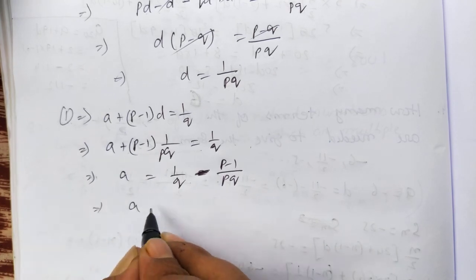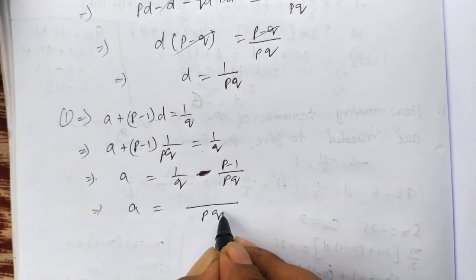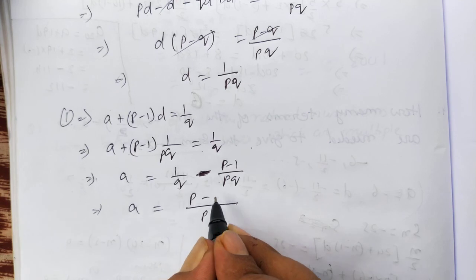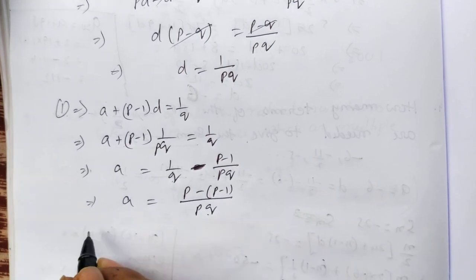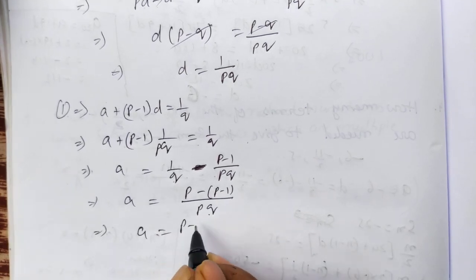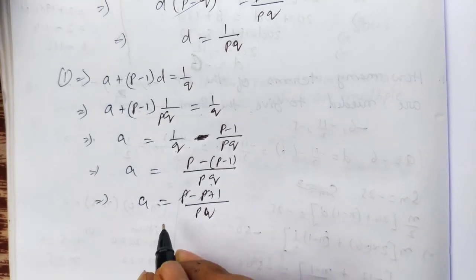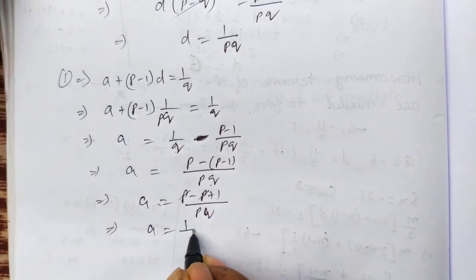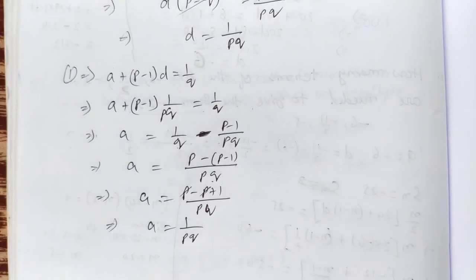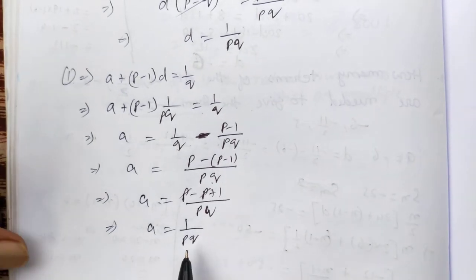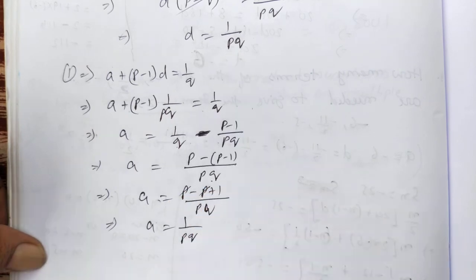Take the LCM, pq is the LCM, so p minus 1. Cancel, a is 1 by pq. A is also 1 by pq and d is also 1 by pq.